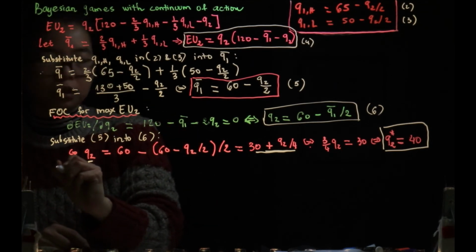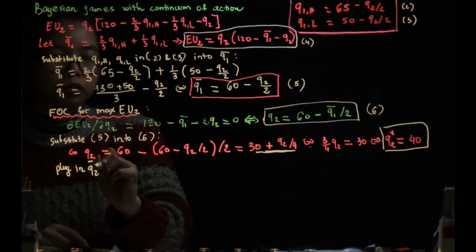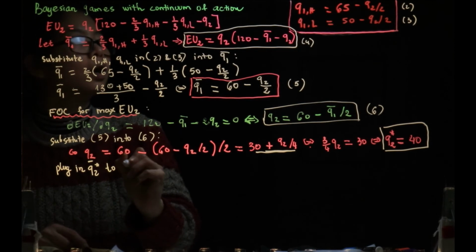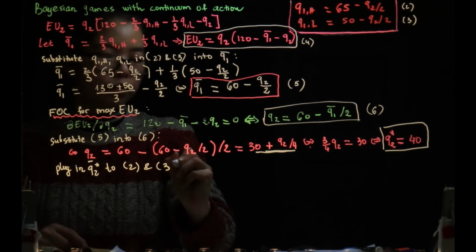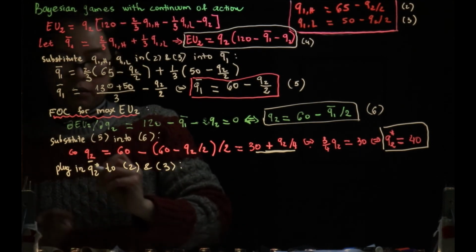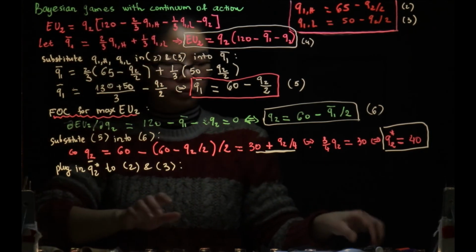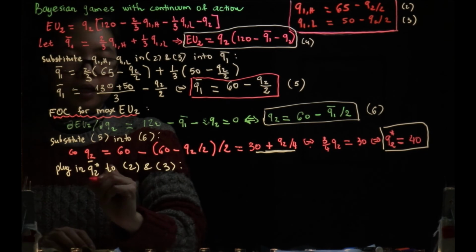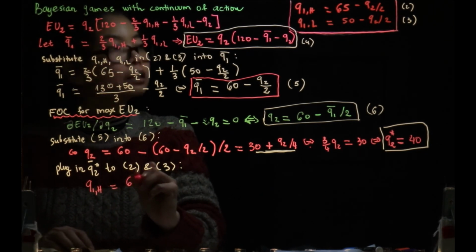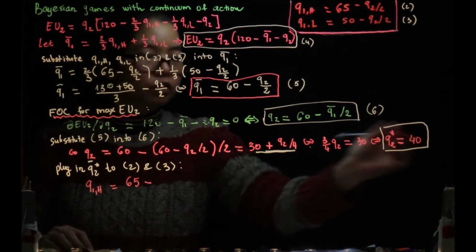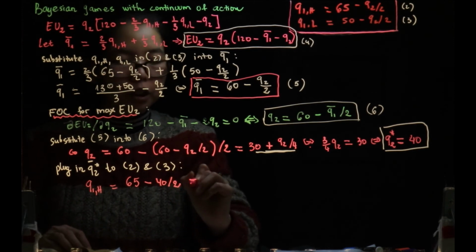So we could plug in Q2 star into the second and third equations. We would have, let's say, Q1 high equals 65 minus Q2, now 40, divided by 2.